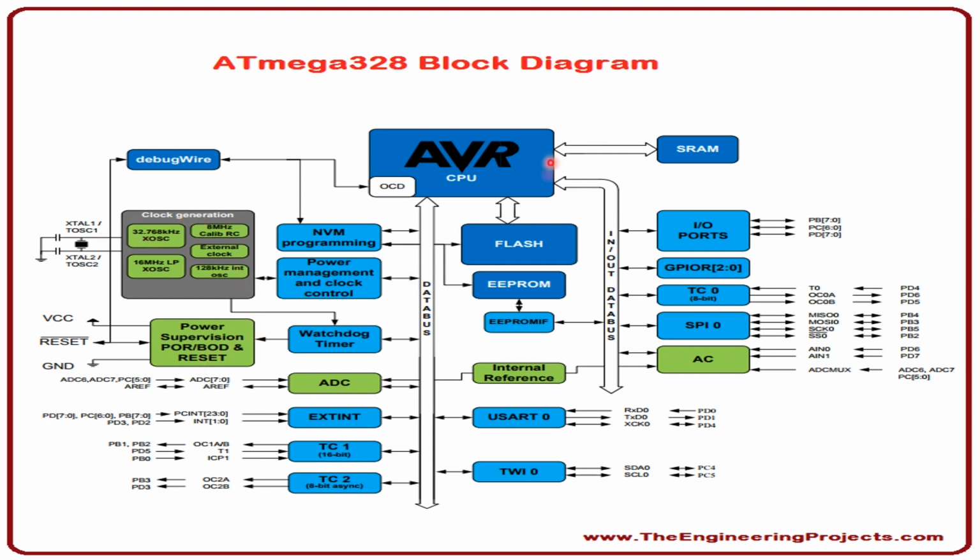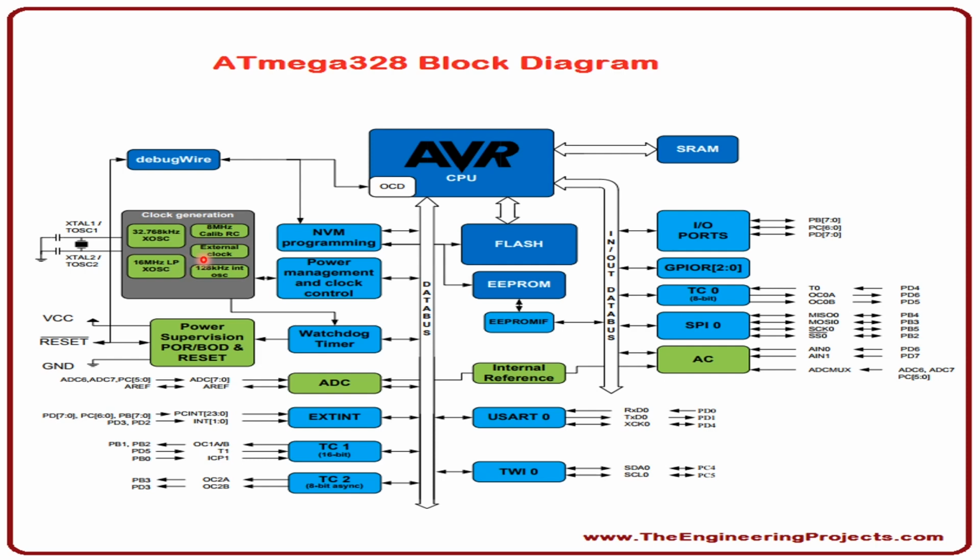But again, for the CPU, the clock gets divided by 8. So when 8 megahertz of clock frequency is generated over here, the CPU is generally operating at 1 megahertz.